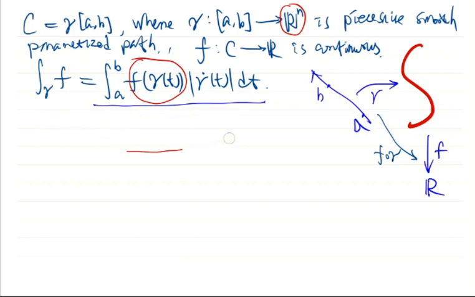This enables us to define this. The invariance property we will prove right now will enable us to define the integral over the geometric curve C. The difference is that here we defined the integral of f over the parametric patch. No problem.